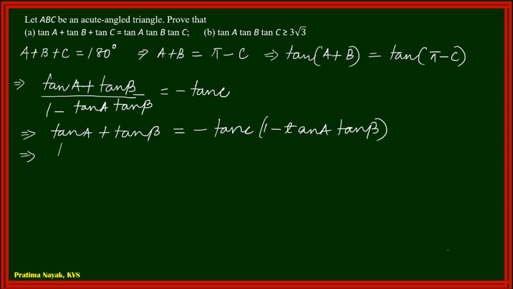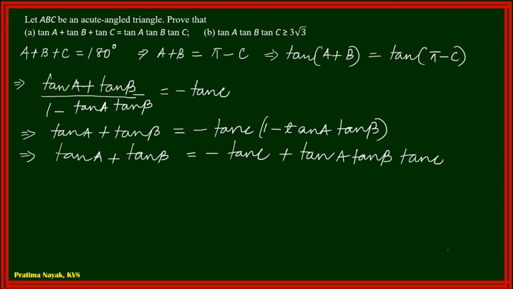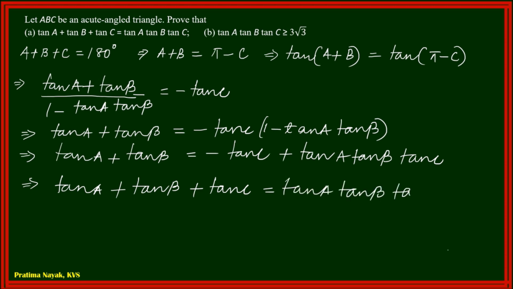In the next step, I'll get tan A plus tan B equals minus tan C plus tan A, tan B, tan C. Now shifting tan C to the left hand side, I'll get tan A plus tan B plus tan C is equal to tan A, tan B, tan C. So this is a very simple question, but it is used in many questions.